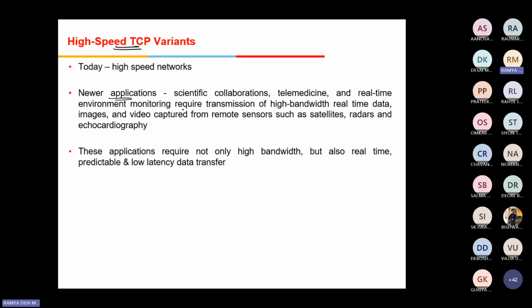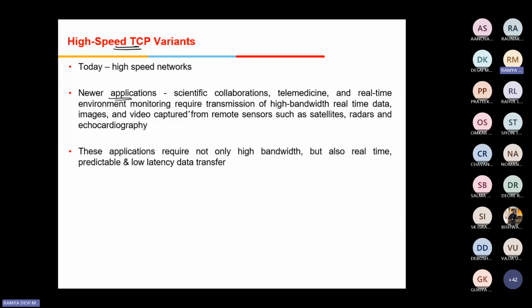In telemedicine, high-resolution video feeds are required for surgical equipment and diagnostic tools, and all of this must be transmitted without interruption. Environment monitoring using remote sensors requires reliable data delivery for making timely decisions.